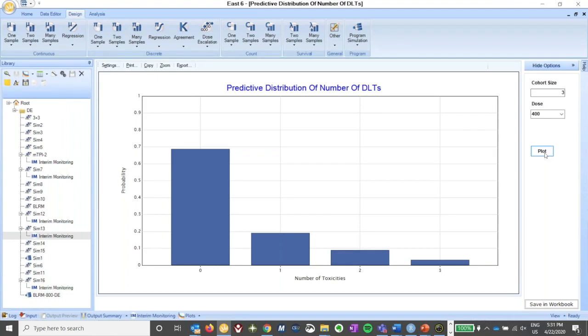So that's why we say that this tool serves in real time as a communication tool for your clinical team, because as a statistician, you can create these types of displays on the spot, and you can bring these to the table and see what the decision should be for the next cohort of subjects.